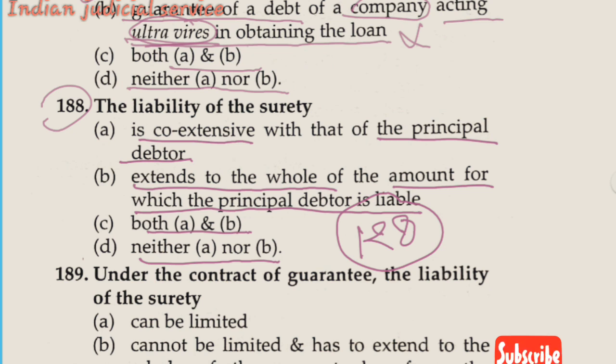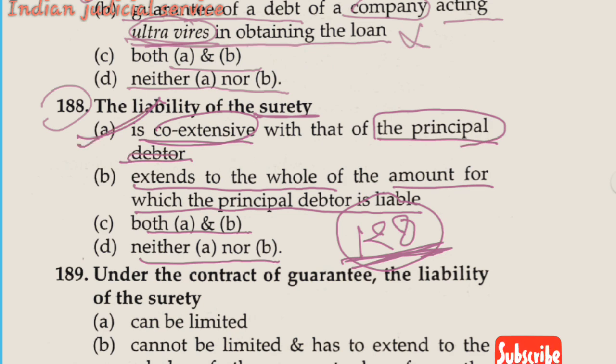Section 128 deals with the surety's liability being co-extensive with that of the principal debtor. So the answer is here option A clearly according to section 128. So the liability of surety is co-extensive with that of the principal debtor. So the answer here is option A.